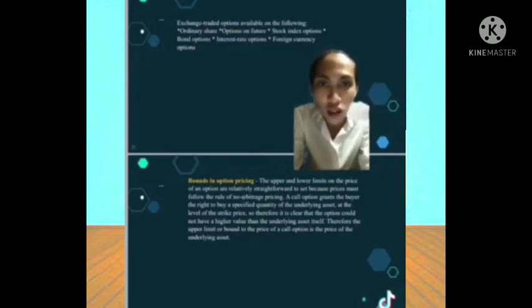The third one is stock index options. So what are stock index options? A stock index option is a financial derivative that gives the holder the right to buy or sell the value of an underlying index, such as the S&P 500 index, at the stated exercise price.